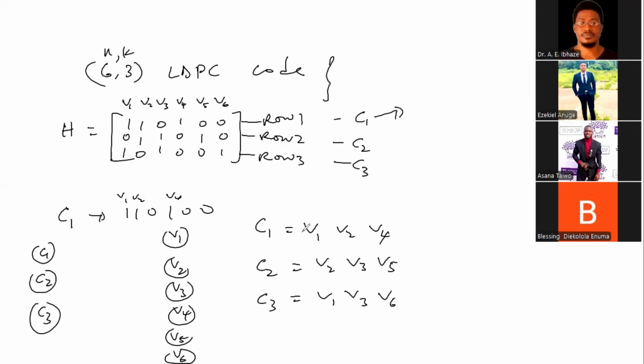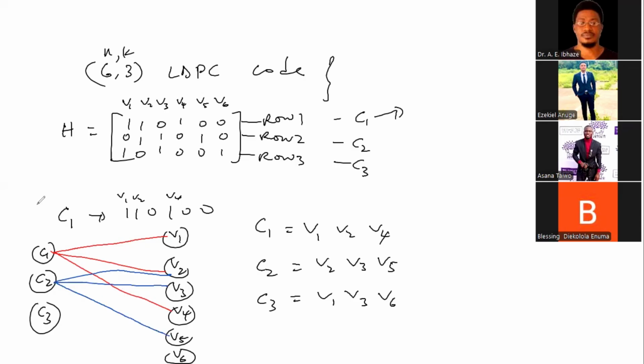So this graph is now going to look something like this. So C1 will connect to V1, V2, and V4. While for C2, it will connect to V2, V3, and V5.